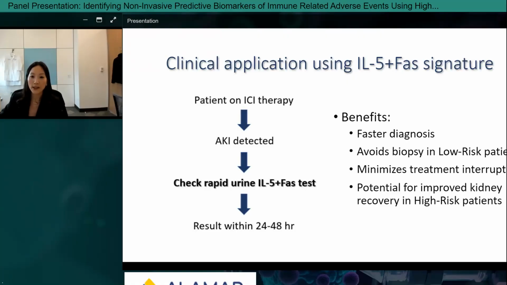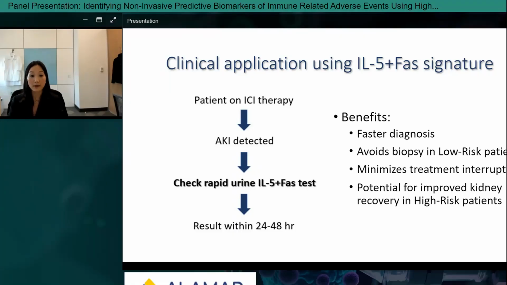And where we see this going is that there's clinical application for using this IL-5 and FAS signature. So in the future, what we envision is that when a patient on immune checkpoint inhibitor therapy develops acute kidney injury, we can check a rapid urine IL-5 and FAS test and hopefully have those results within a day or two. This allows for faster diagnosis.